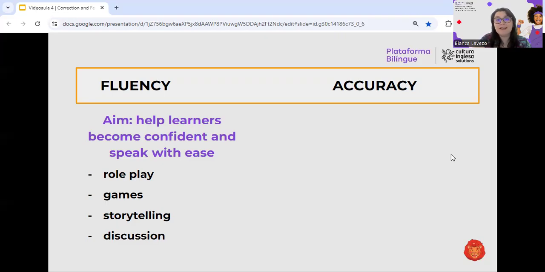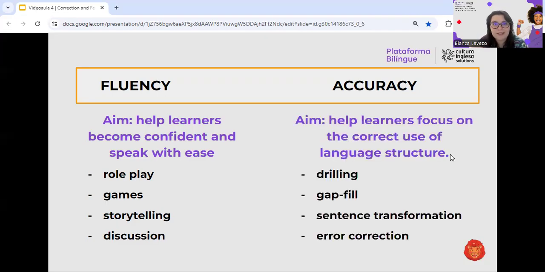I'm not saying that there isn't any sort of feedback to be given here, but it's something that we have to have in mind. Okay, so fluency activities, they aim at students becoming more confident, whereas accuracy-oriented tasks, they help learners focus on the correct use of that specific structure.